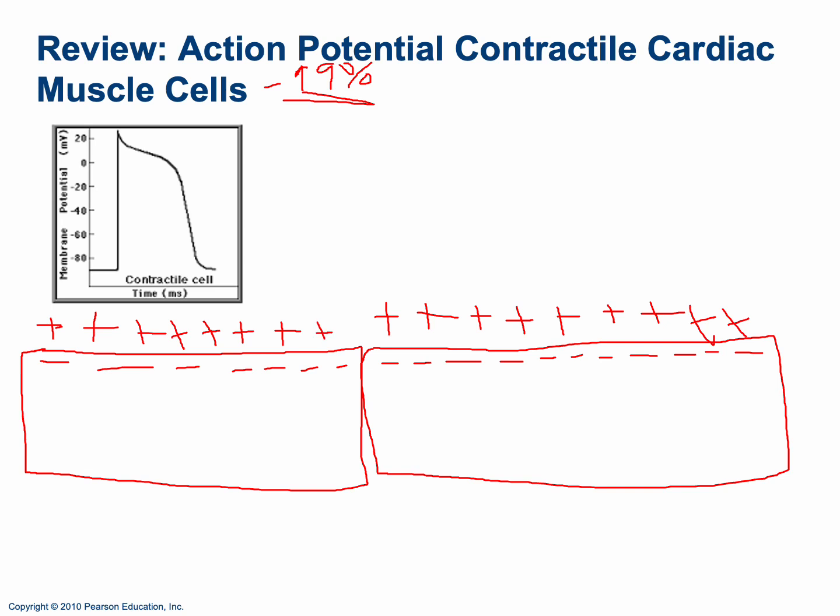And then it's a matter of knowing our various ions, our various cations and anions. So at rest, resting membrane potential, you're going to have a high amount of potassium in the cell.